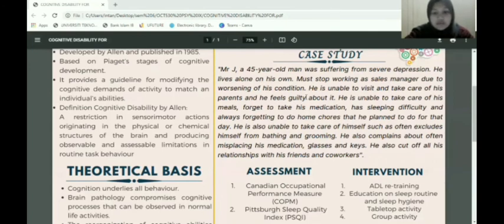So basically, the intervention that we can do for this problem is education on good sleep routine and sleep hygiene. So basically, what is sleep hygiene? Sleep hygiene is any preparation that we need to do before we fall asleep.